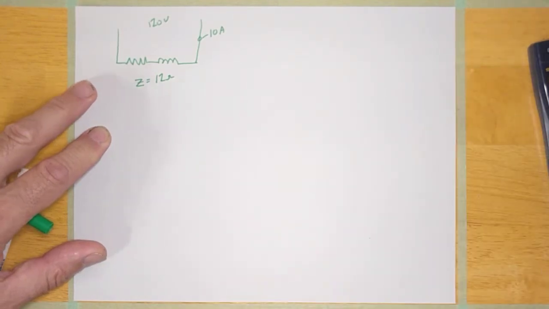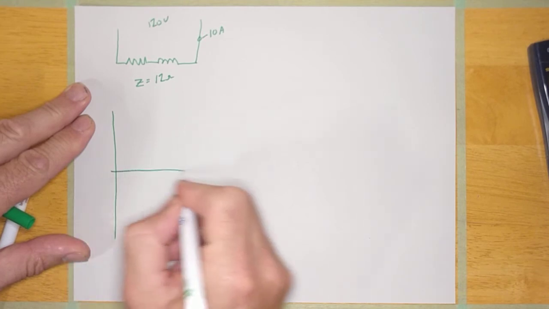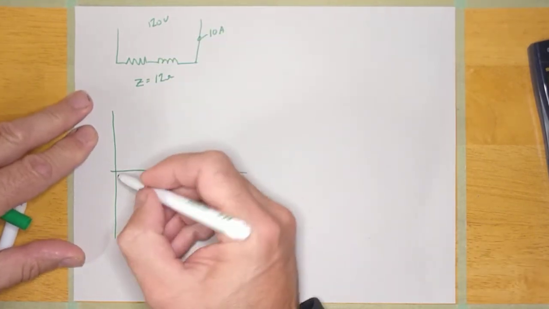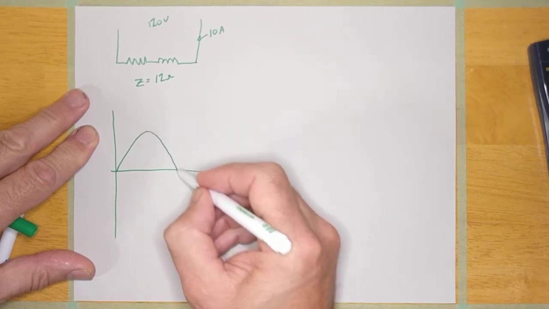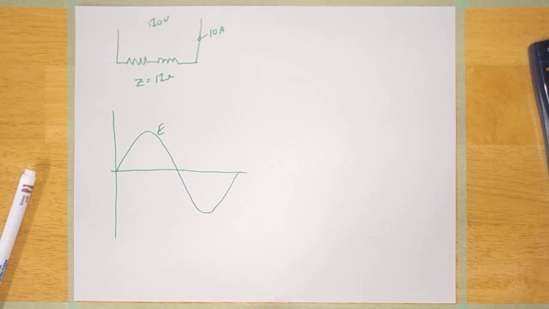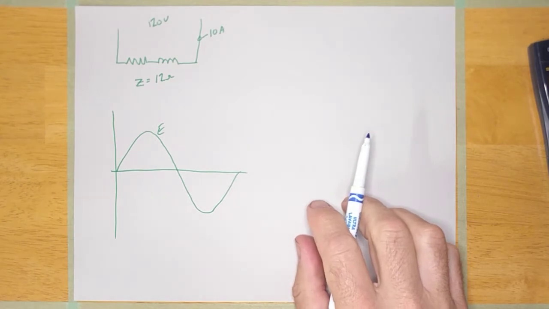So what does this look like when it comes to voltage and current and power? Well, the voltage is 120 volts. That's the easy part. So we got my nice voltage sine wave here. There's my E. The current is going to lag the voltage by something between 0 and 90 degrees.